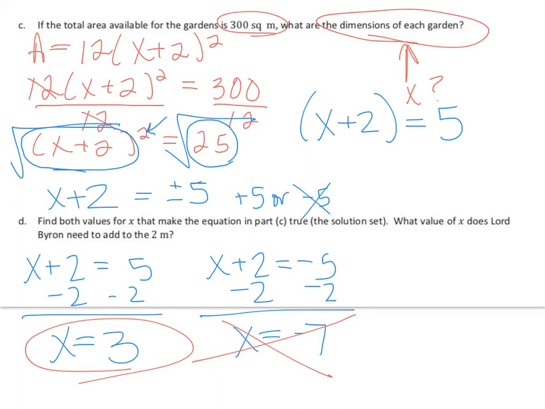So Lord Byron needs to add 3 meters to the minimum measurement of 2 meters. Okay, so we've got our original, which was 2 times 2, and then we made one bigger. So it was x plus 2, but we just solved that x is 5.